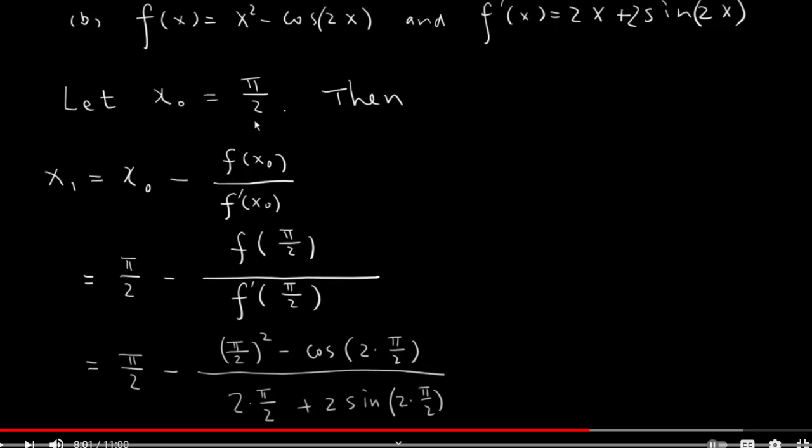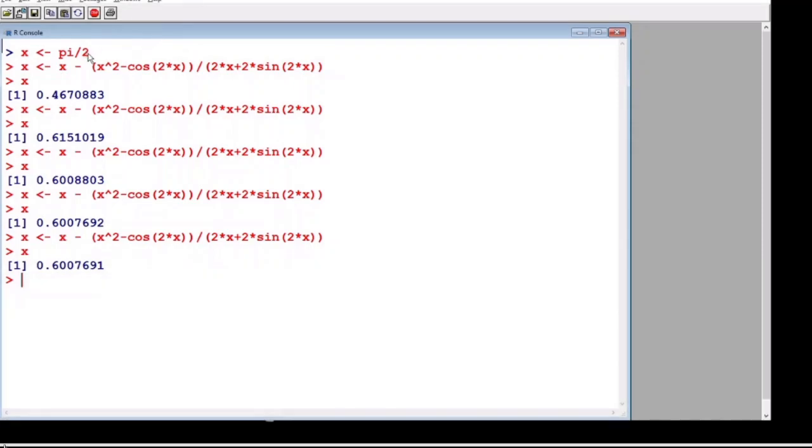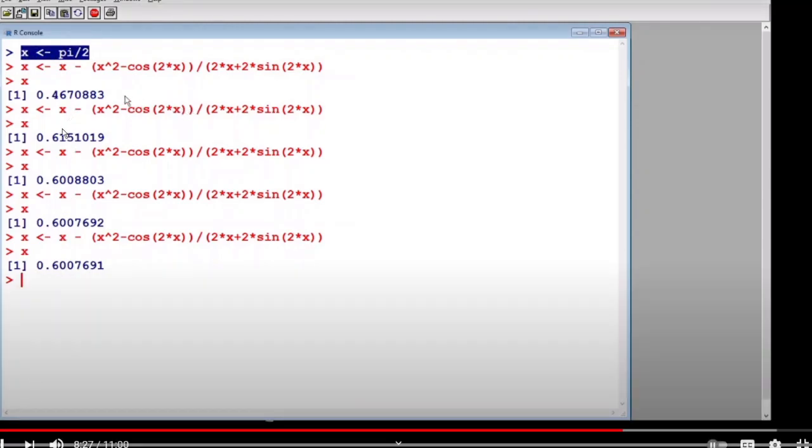Okay. Then use Newton's method formula to calculate one approximation after another until the required accuracy is reached. I wrote some R code for the detailed calculations. This can also be done with a calculator. This line means the initial approximation is stored in the variable x. This is x0.